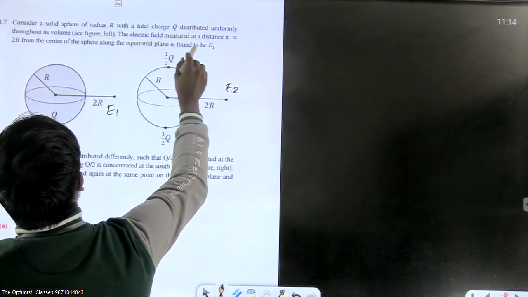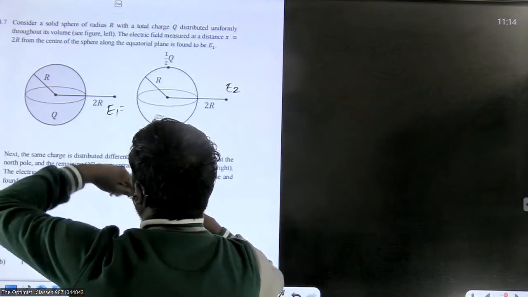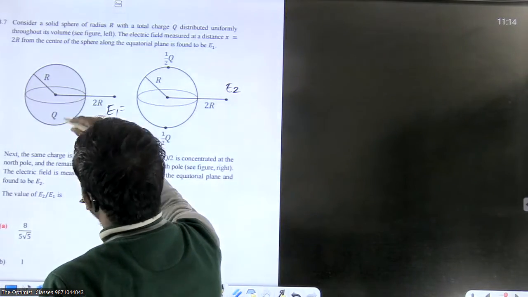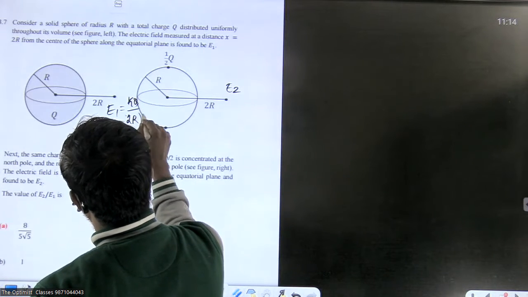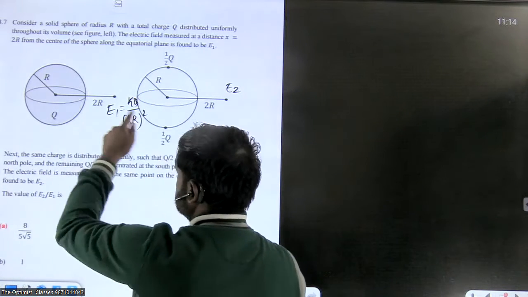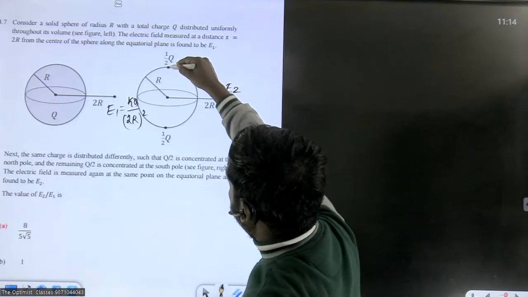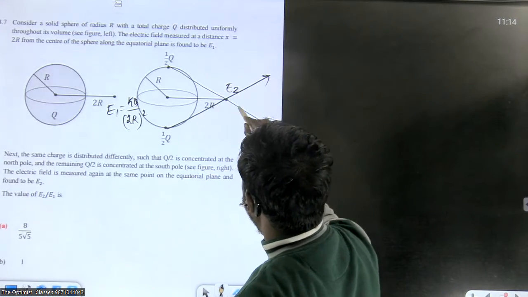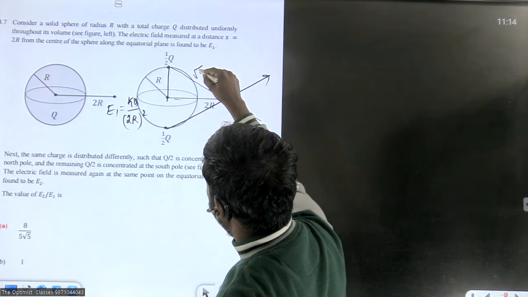Even if you calculate, you know that at an outside point, a uniformly charged sphere behaves like a point charge. So it will be simply kq by (2r) whole square because it is at a distance 2r. Now here, the electric field because of this point charge will be in this direction, and because of this, it will be in this direction. This distance is r, this distance is 2r, so this distance will be root 5r.